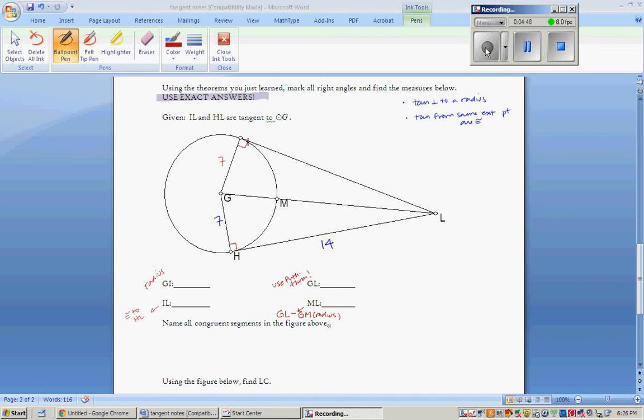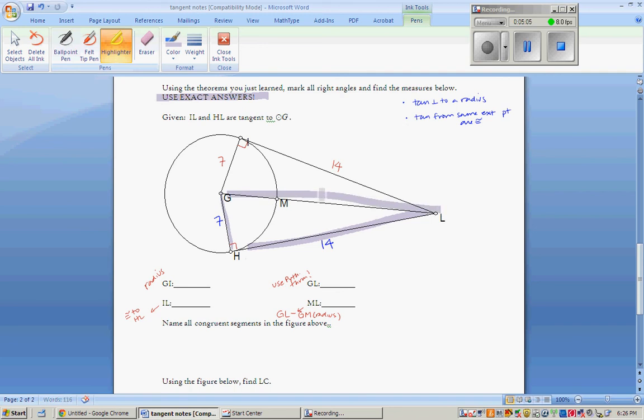Okay, let's see why the answers come out to be what they are. This is a radius, this is a tangent line, so we have some right angles. If we look at this triangle here with the 7 and the 14, we can find this side because we can use the Pythagorean theorem. When you do that, you're going to get a funny square root.